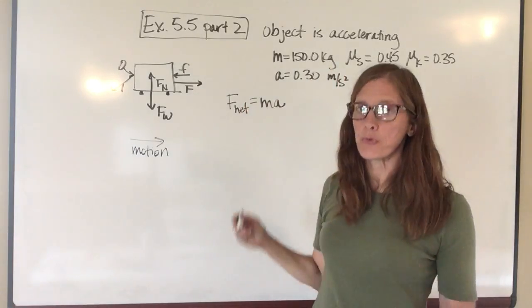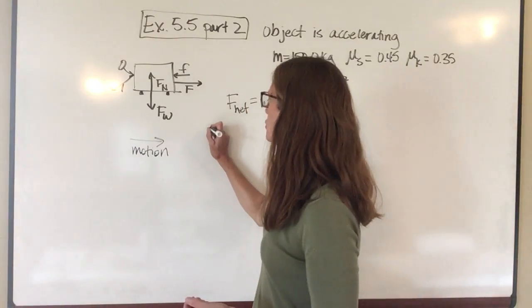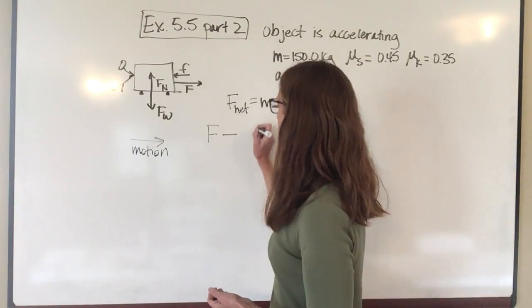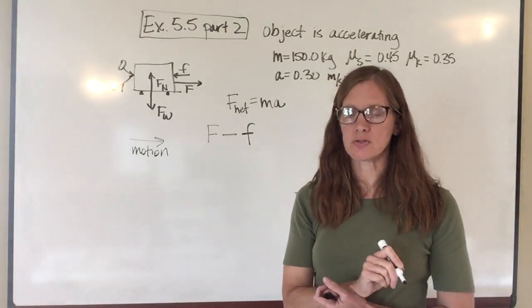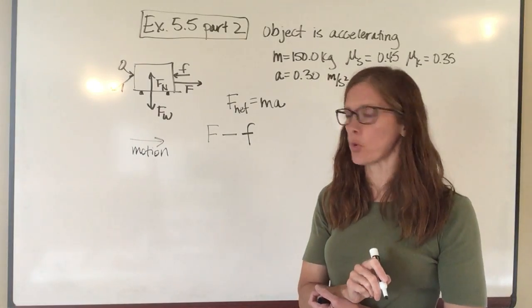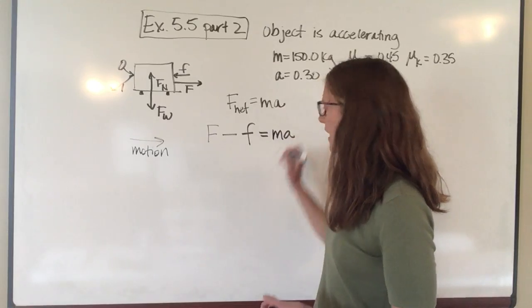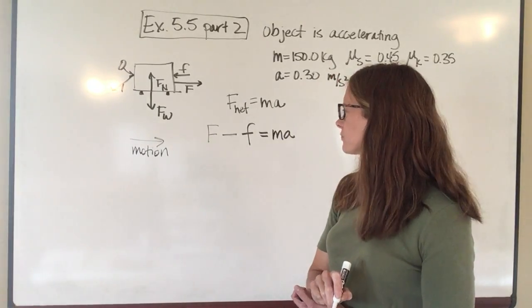So the net force then is going to be the force that the guy is applying minus the frictional force. That's going to be my net force, okay? And so therefore that's going to equal mass times acceleration.